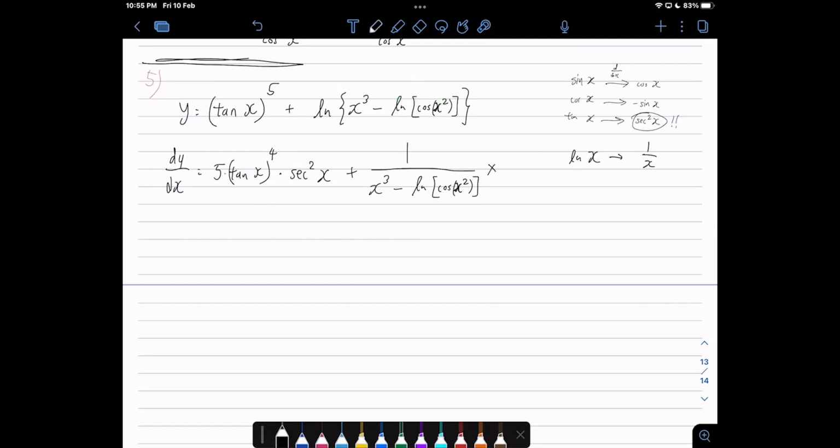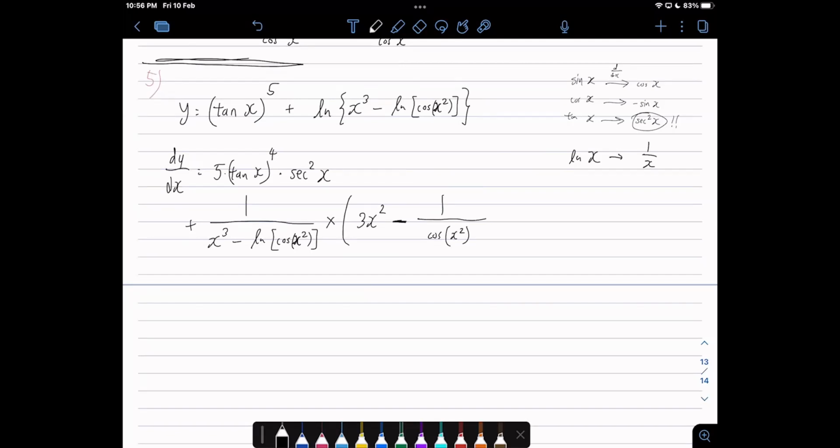Just to save space, I put a plus sign in the line below, times 3x squared, minus 1 over cosine of x squared. Just x squared. Okay. Close bracket. So you have differentiated the second term.